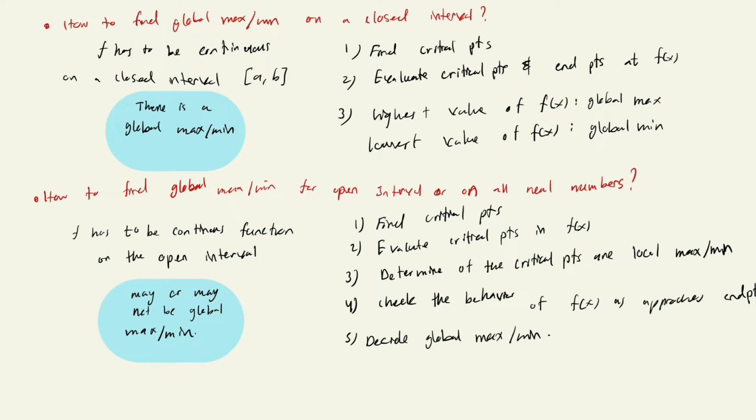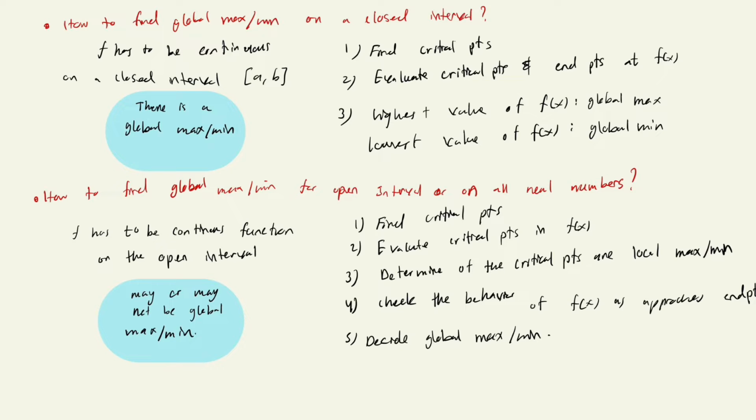So the steps are: first, find the critical points, that is where the first derivative is 0 or undefined. Second, evaluate the critical points and the endpoints in the function of x. Third, based on our evaluation, determine the highest value and the lowest value. The highest value is the global maximum, and the lowest value is the global minimum.